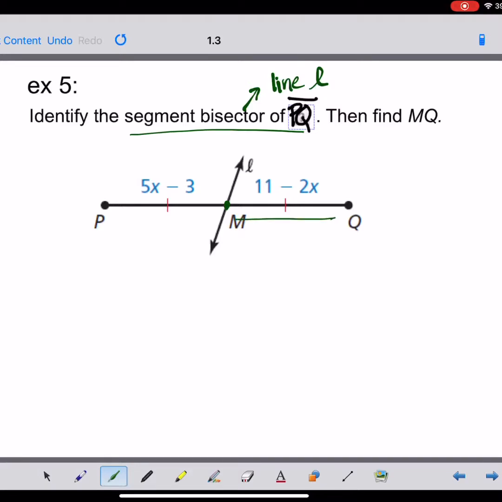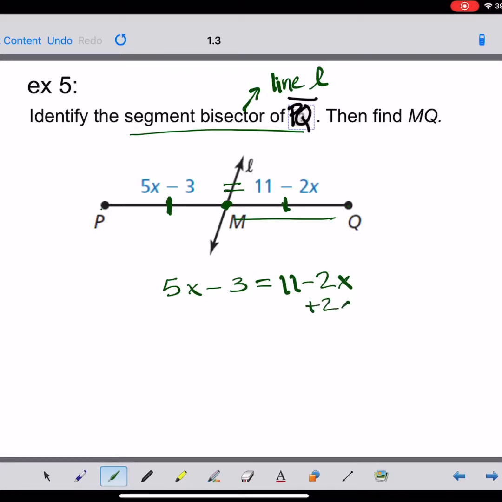Since this is a segment bisector, that means it goes through the midpoint. And since it's a midpoint, it divides our segment into 2 congruent segments, which means they are equal to one another. So we're going to set our expressions equal to one another.